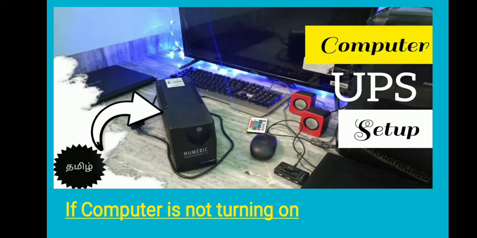There are 3 connections that carry power supply: from mains to UPS, from UPS to the CPU, and from the CPU to the monitor. Check all these connections one by one. If the supply plugs are loose, electricity may not flow to the system. Make sure that the monitor switch is on.